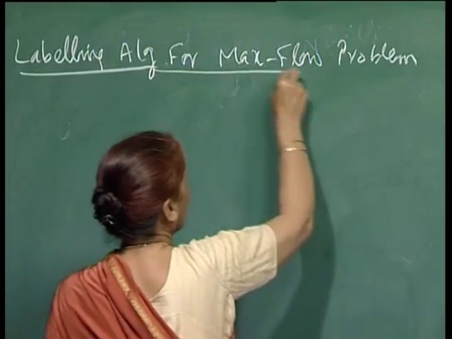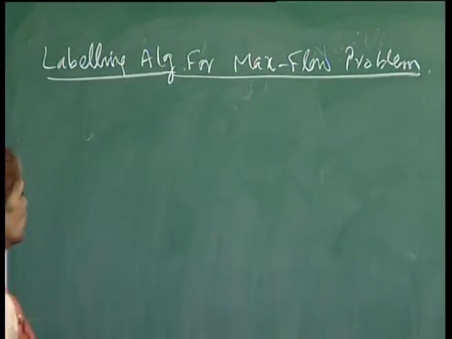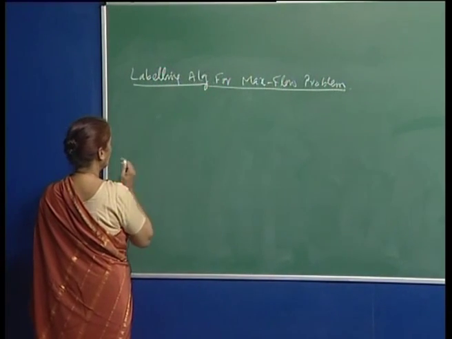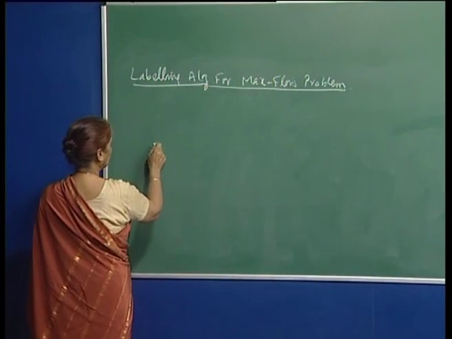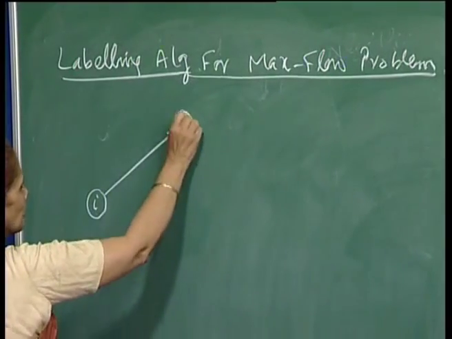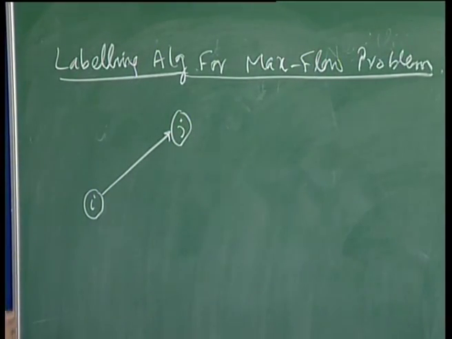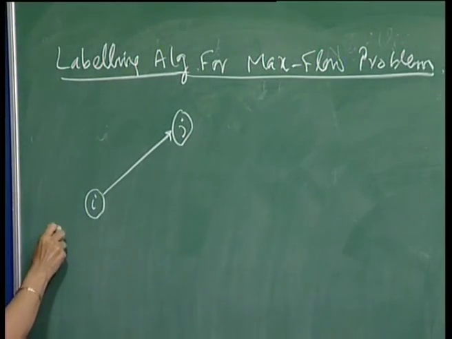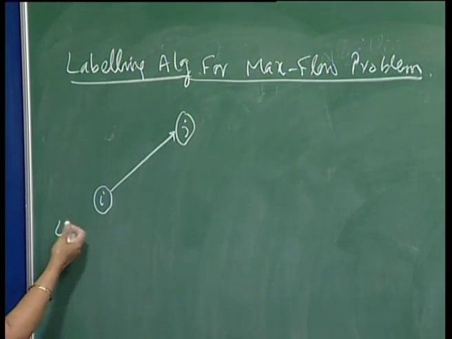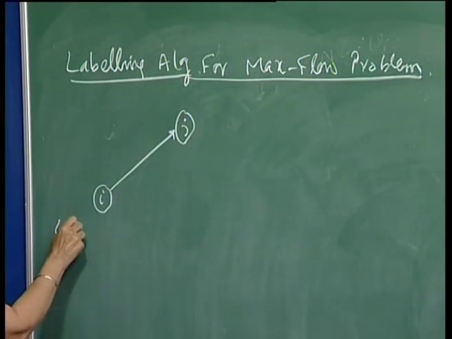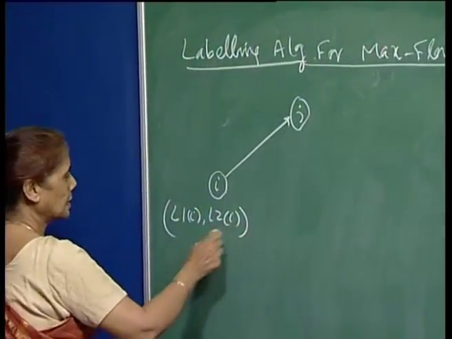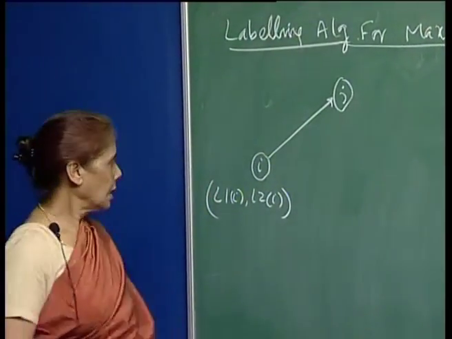Okay. So, the idea here is, let us look at how this works. If you have a node I and there is an arc like this to j, we will give two labels, L1I and then L2I. These will be the labels associated with any node.